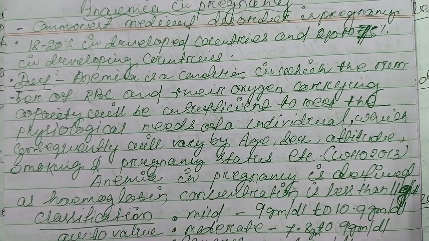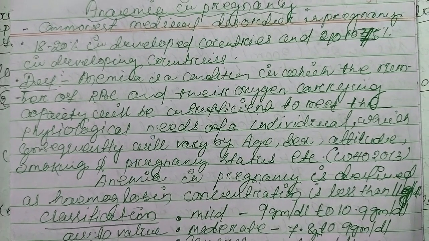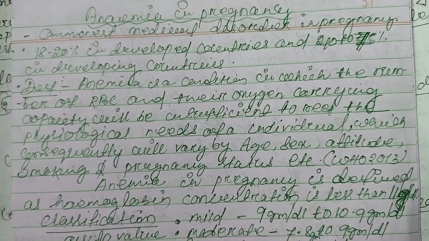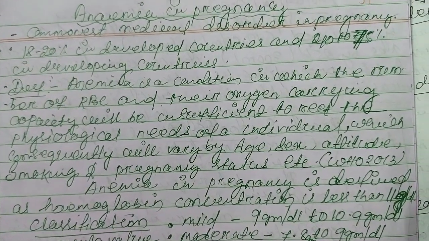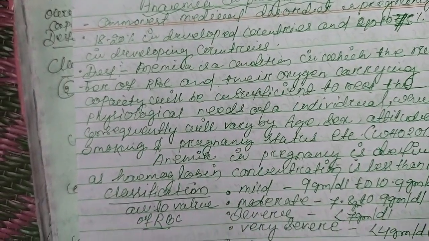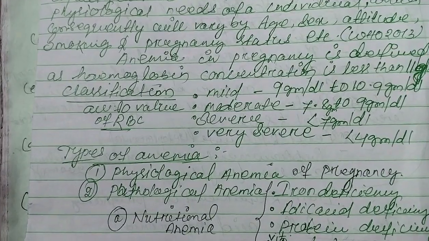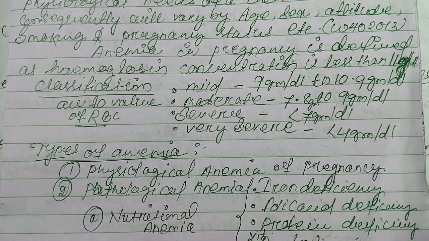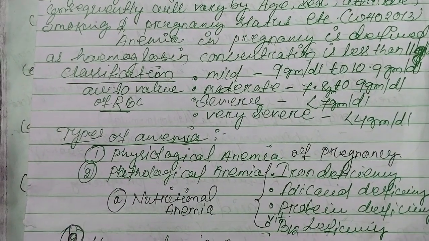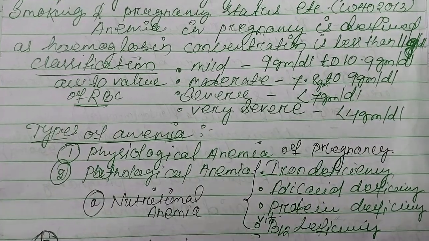Anemia in pregnancy, according to WHO in 2013, is defined as hemoglobin concentration less than 11 gram per dl. So if the hemoglobin concentration is less than 11 gram per dl, then in pregnancy we can say the mother is an anemic mother.